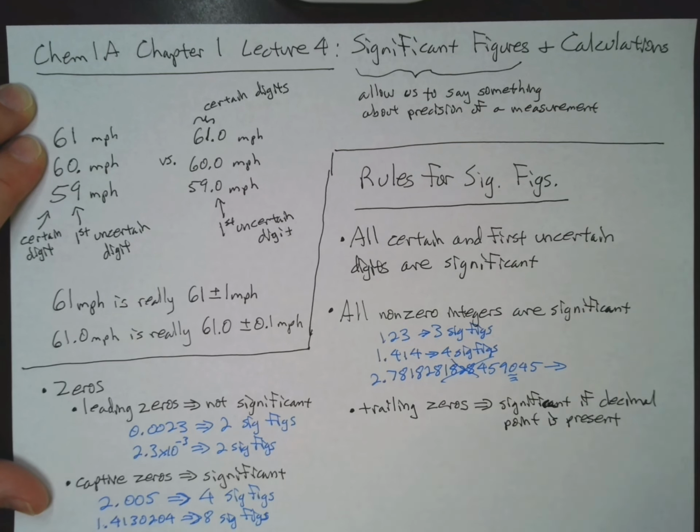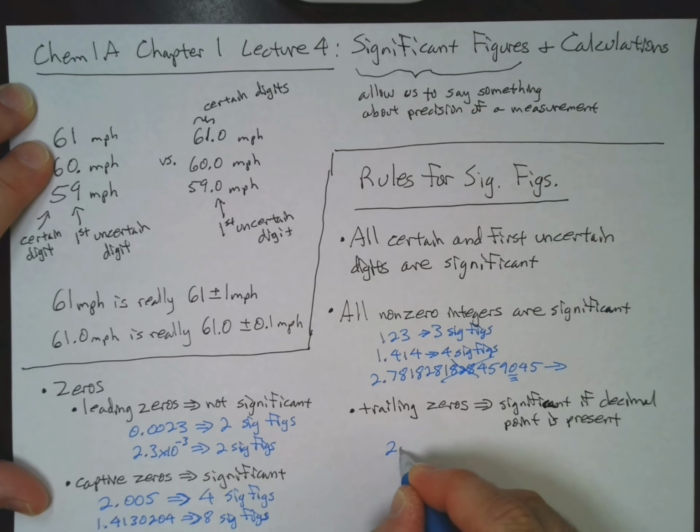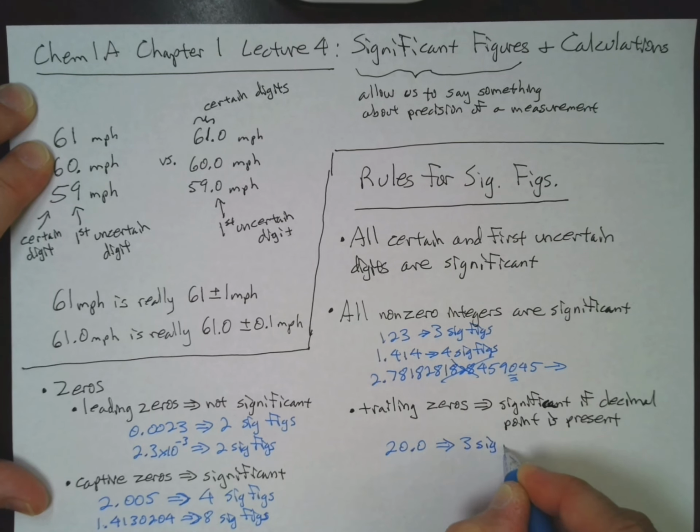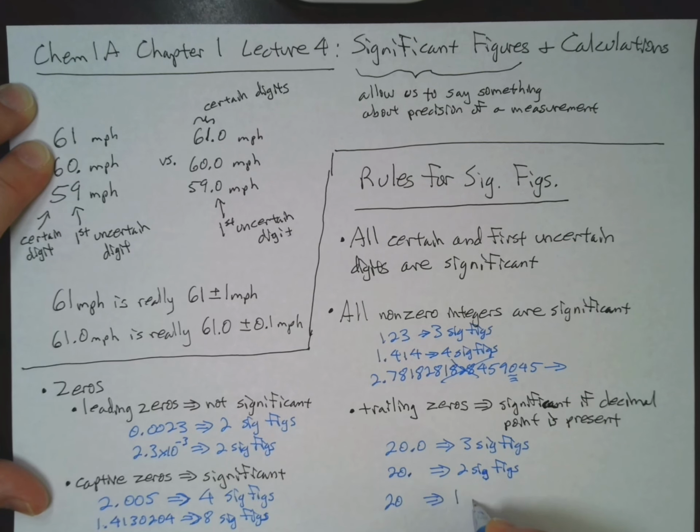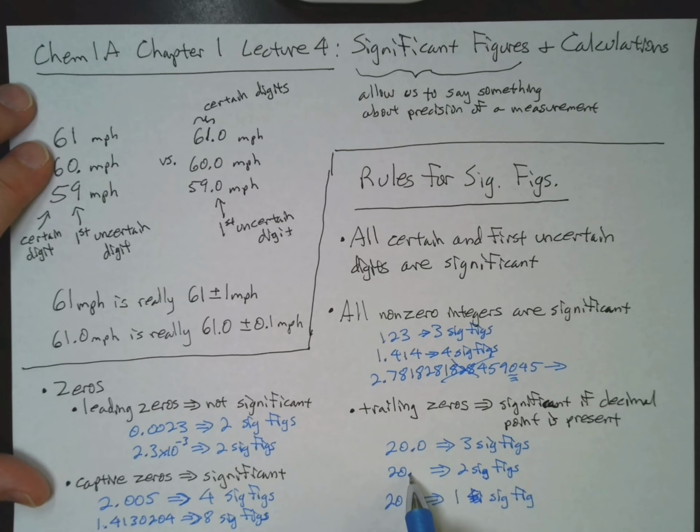So some examples. Let's say we had 20.0, that is 3 sig figs. 20 point is 2 sig figs. And 20 is just 1 sig fig. Now, this may look a little awkward having a decimal point at the end of a number like this, but it is helpful.